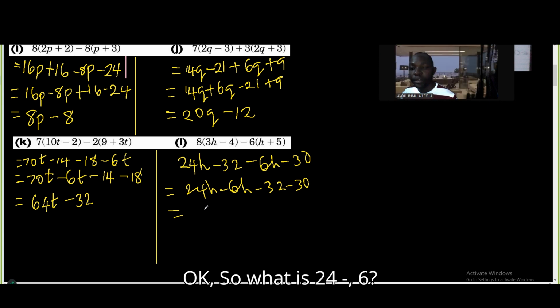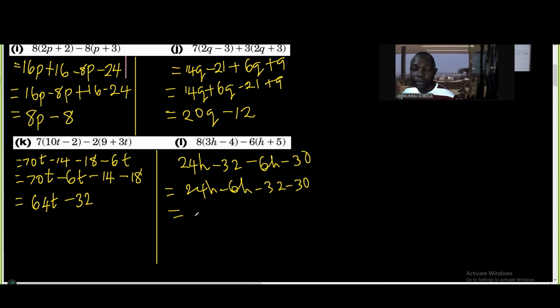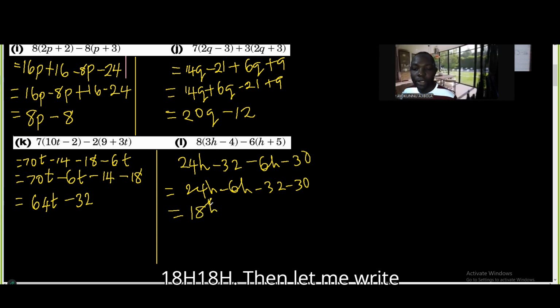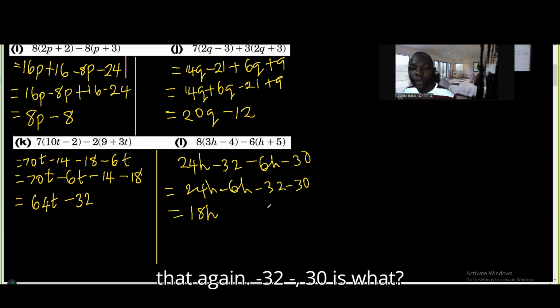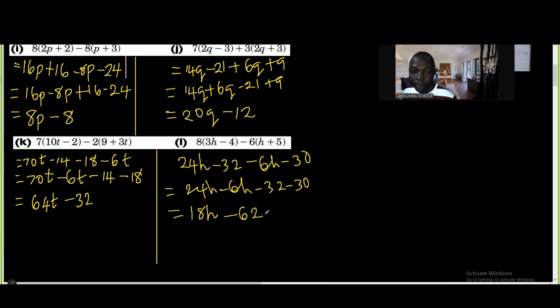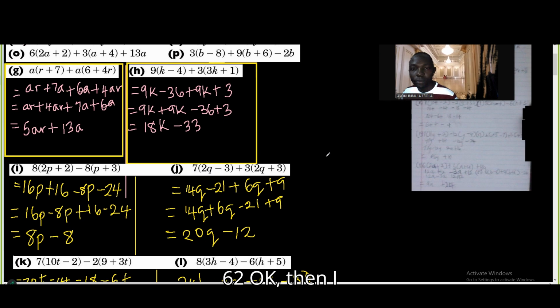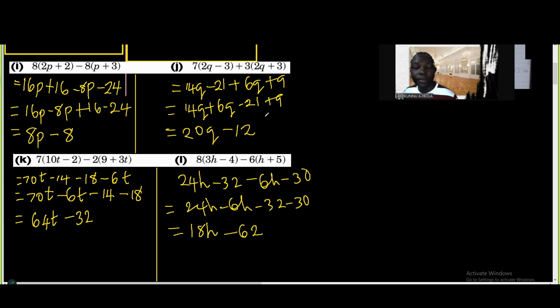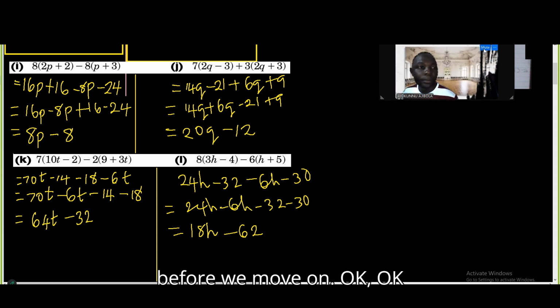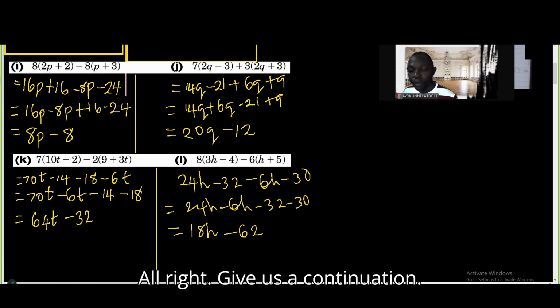So what is 24 minus 6? That's 18h. Then 32 plus 30 is what? Minus 62. Okay, then I think you should put down these ones first before we move on, okay? All right, viewers, we will continue shortly.